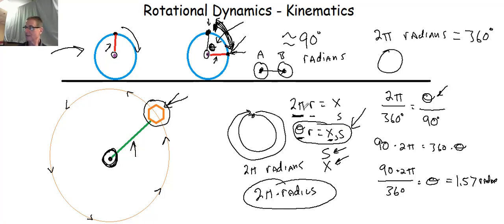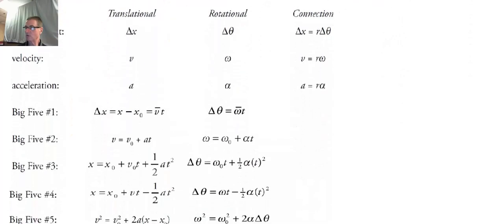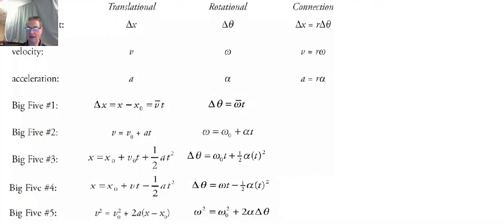There are a whole lot of other equalities that we can have, and this is a table of them. If you don't already have this, you can go onto my website and print it out, or you can Google rotational dynamics equations, and you'll find this pretty easily.